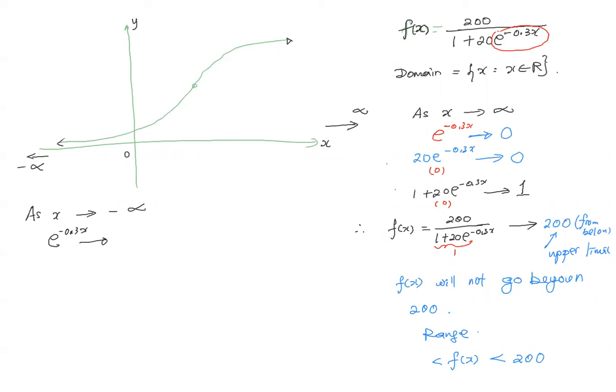Anyone? Christopher, what will happen to that? Go to 0. Okay, let's have a look at this. E to the power negative 0.3 times negative infinity.